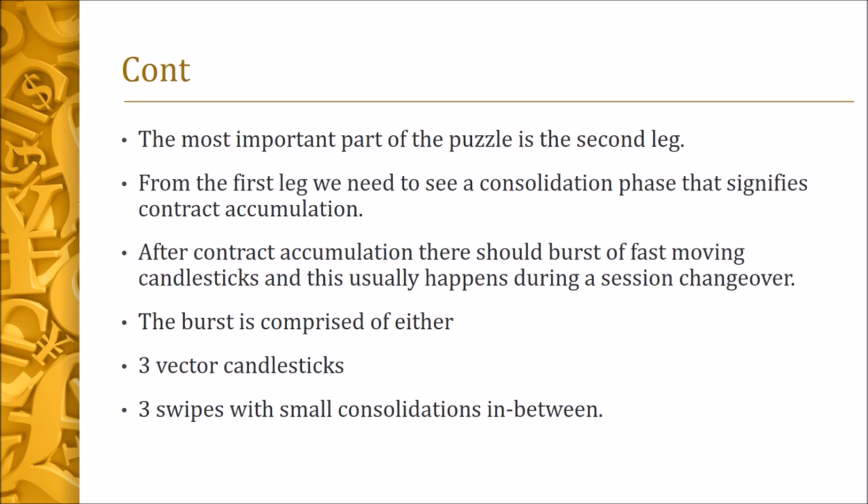The main reason for this move is to hit the stops and clear the board before the market makers introduce their positions. So the burst is comprised of either 3 vector candlesticks or 3 swipes with small consolidations in between.